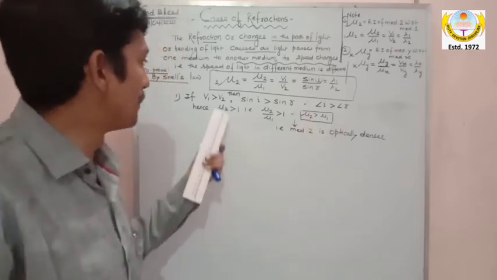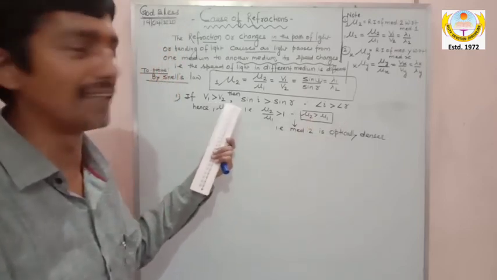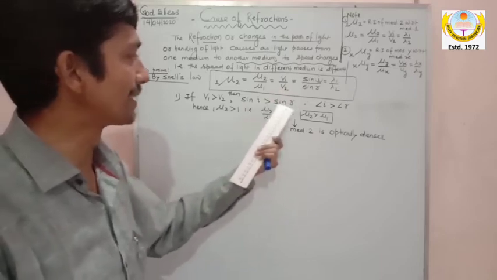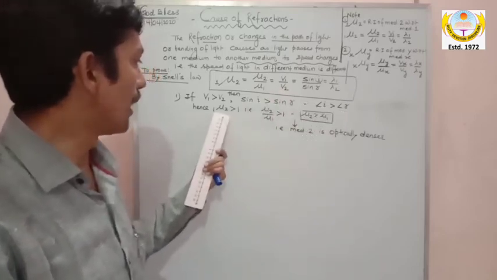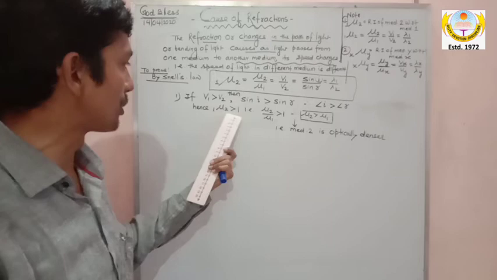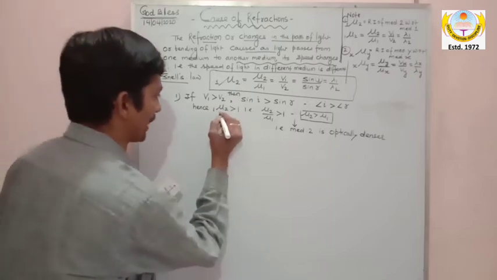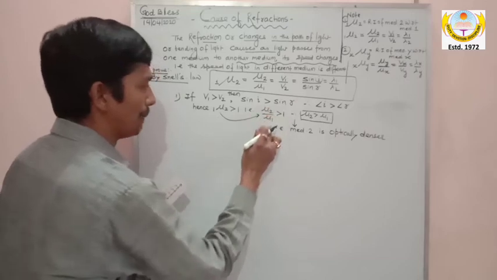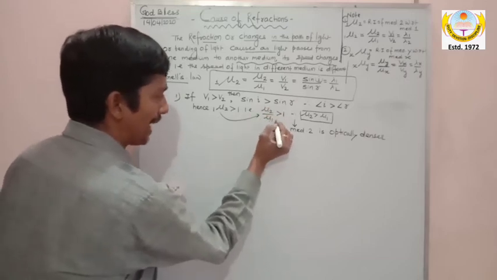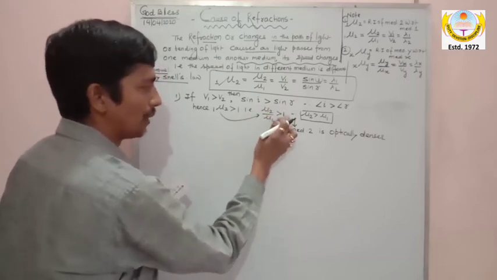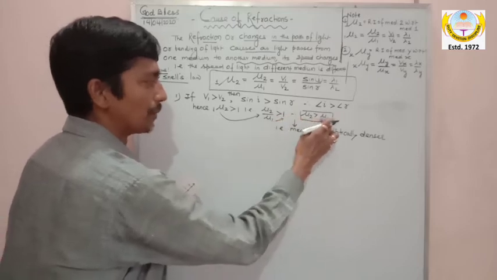I did nothing, I assumed let V1 be greater than V2, then I is greater than R. So mu of 2 with respect to 1 will be greater than 1. Now how can I write mu of 2 with respect to 1? Mu 2 by mu 1 greater than 1. Mu 1 goes there, multiplied by 1, so what happens? Mu 2 greater than mu 1.